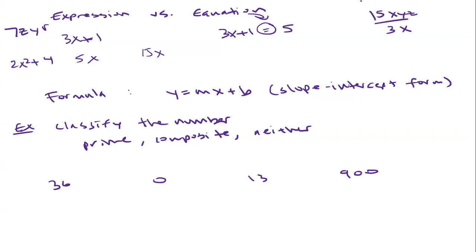This is an expression still. The 15 divided by 3 gives me 5, and the x's cancel, and then I have 5yz. So this here is still an expression.